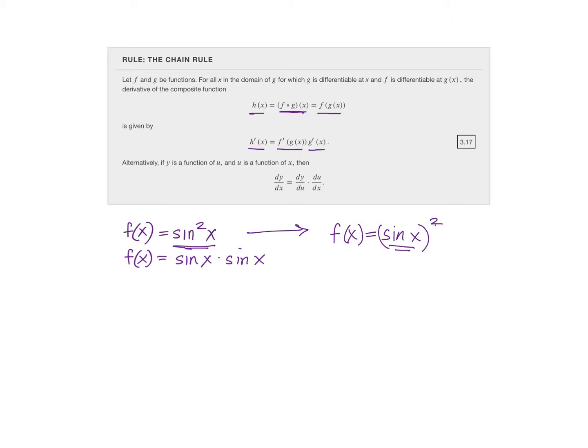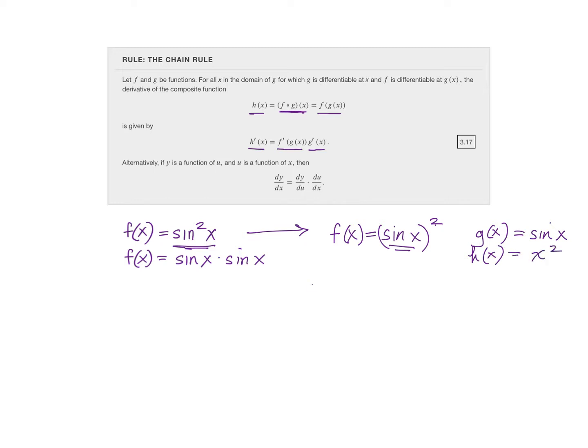So I'm going to write f of x as the composition of two functions. I'm going to call the inside function g of x, and g of x would be sine of x. And then h of x is the outside function, and the outside function here is x squared.